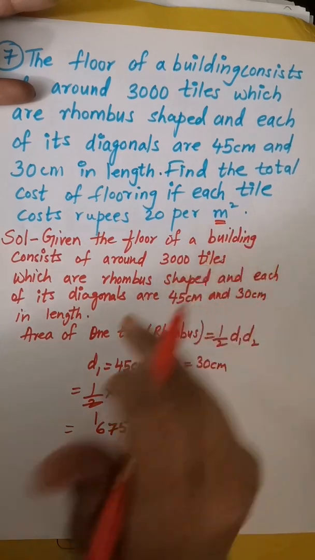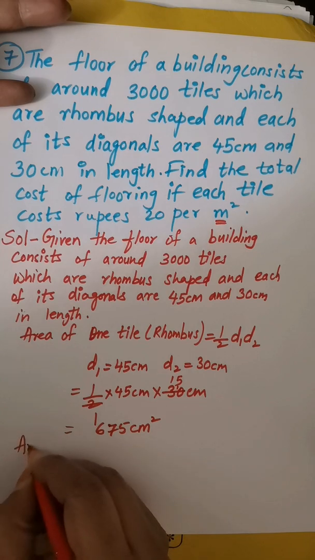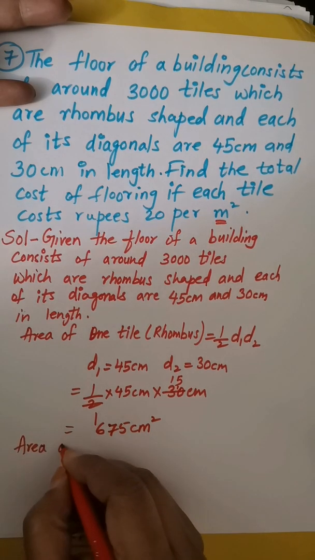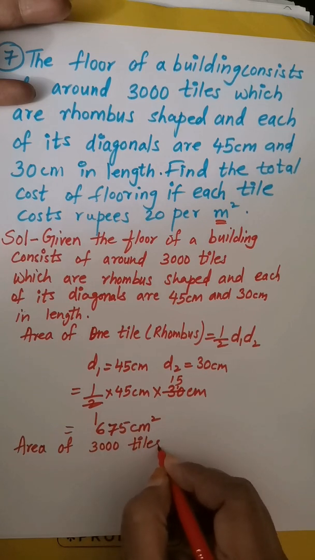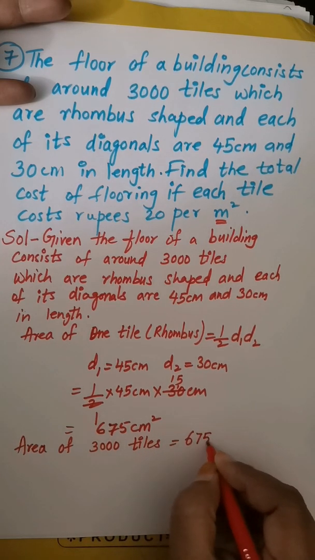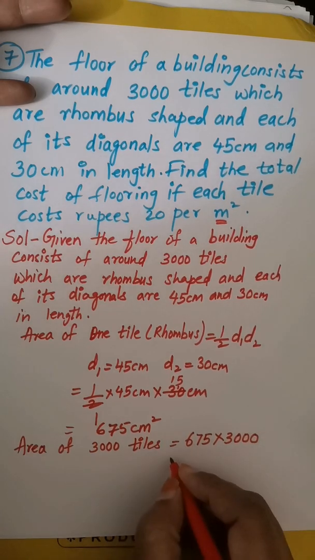Now this is the area of one tile, but how many tiles are there? There are 3000 tiles. So area of 3000 tiles will be 675 into 3000.